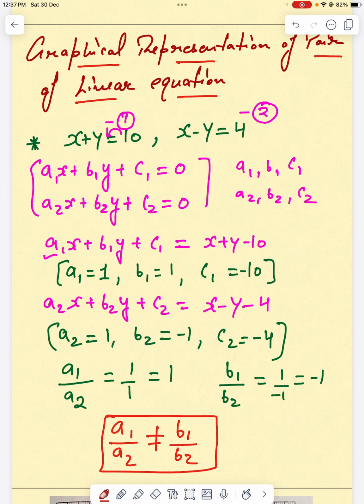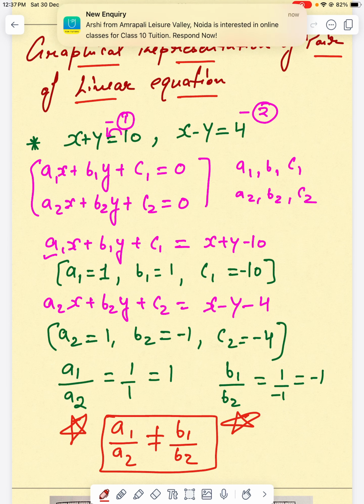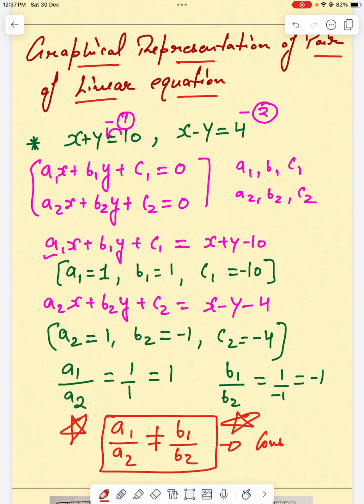This is a very important relation, you have to remember this, it can be asked directly in your MCQs, that is 1 mark questions. If a1 upon a2 is not equal to b1 upon b2, then the given pair of linear equations is consistent with a unique solution.